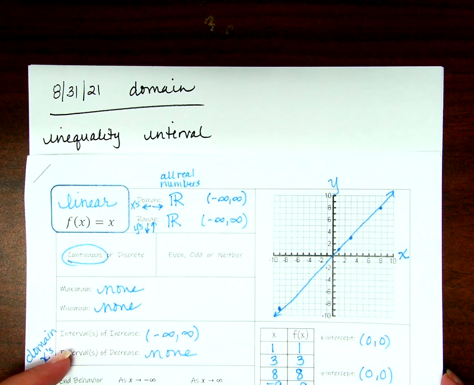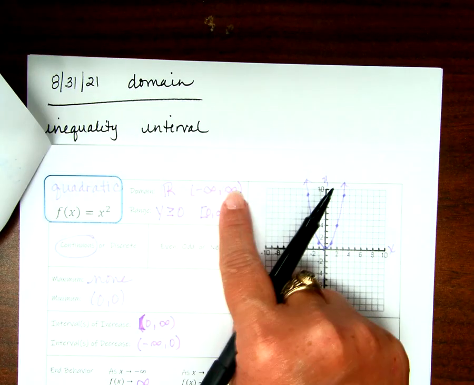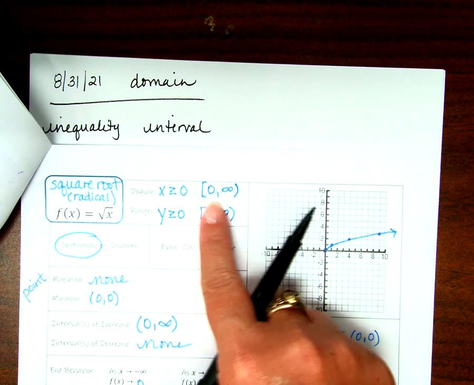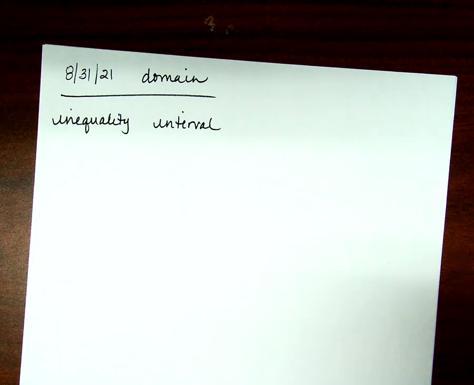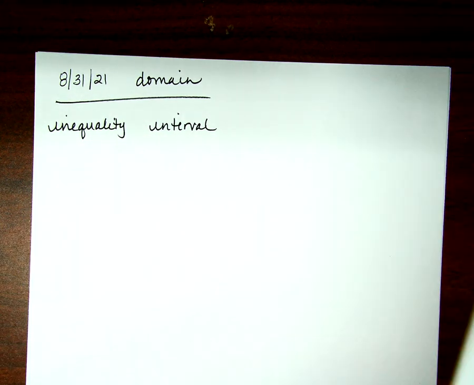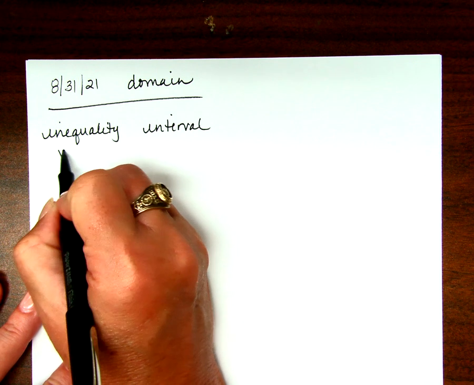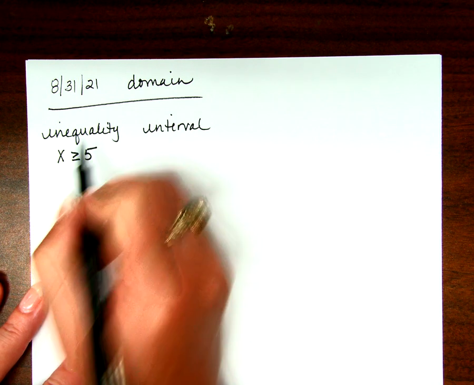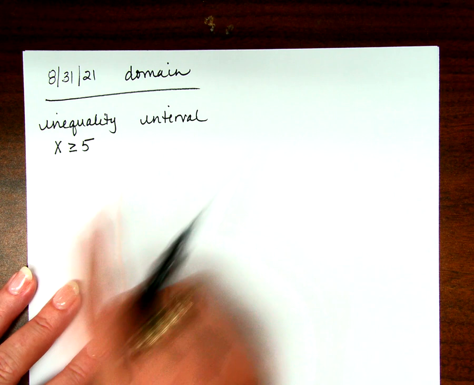Inequality and interval. You remember doing those? Okay. So, for example, if I tell you that the inequality domain looks like x is greater than or equal to 5, what does that look like in interval notation?